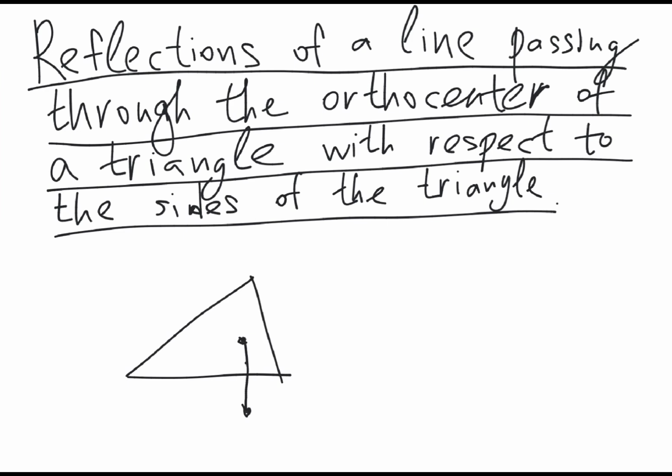So if we have this reflection, and this reflection, the reflections of the orthocenter with respect to the three sides, then all three of these reflections lie on the circumcircle of the triangle.